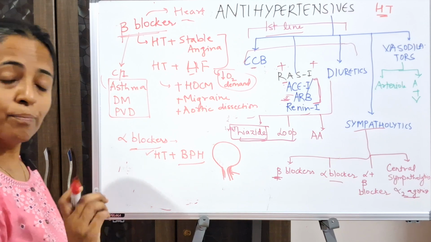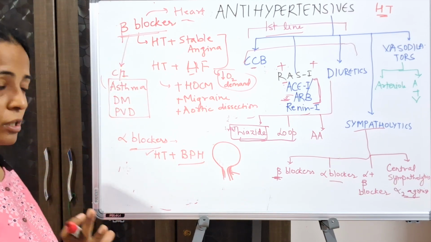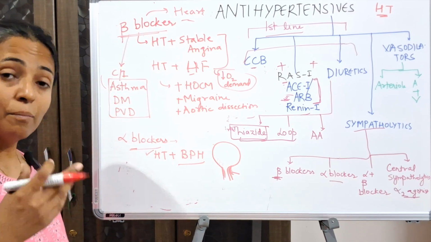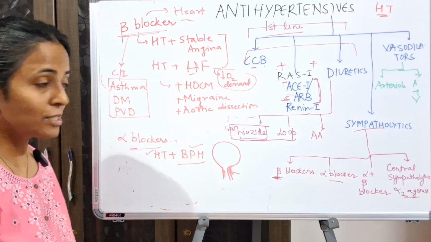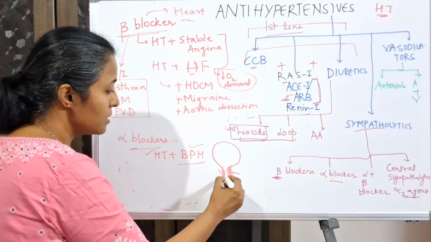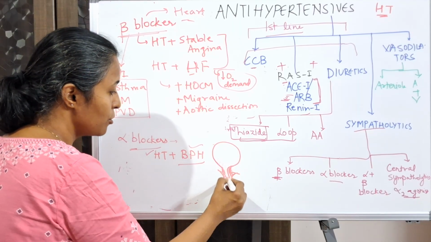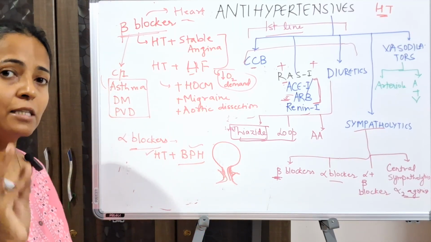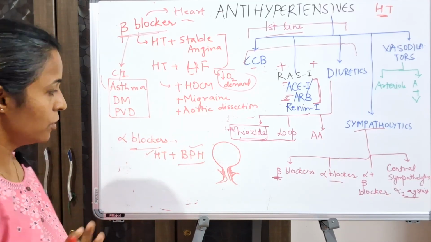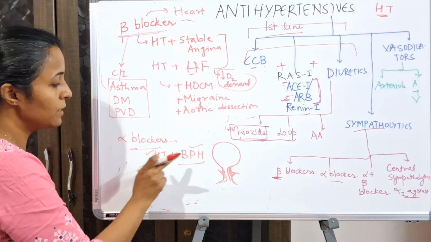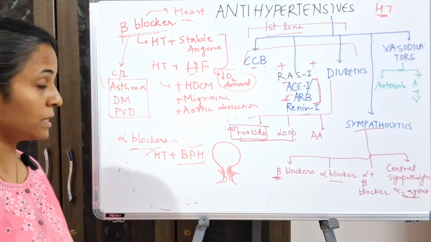Okay, so because of the relaxation of the urethral sphincter, they improve the passage of the urine in BPH. In prostatic hypertrophy, what is the problem? There is blockage of this pathway because of the prostatic hypertrophy. So relaxation of the urethral sphincter promotes the passage of the urine. Okay, so that's why in hypertension with BPH, alpha blockers are used.